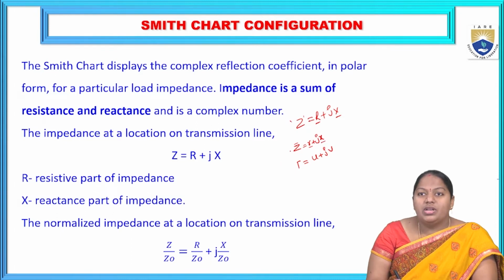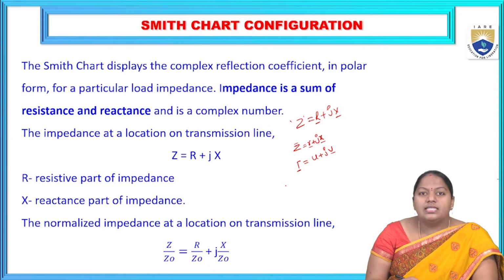Similarly, gamma is the notation for reflection coefficient, expressed as u plus jv, where u is the real part of the reflection coefficient and v is the imaginary part.